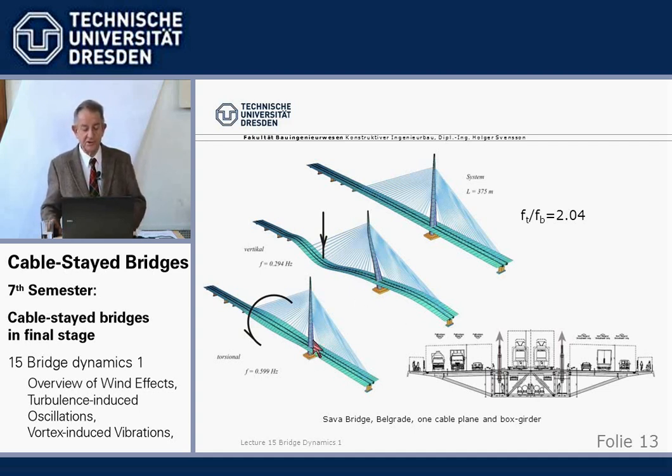So it's the torsional frequency of a box girder with the main span length, which gives the torsional frequency.